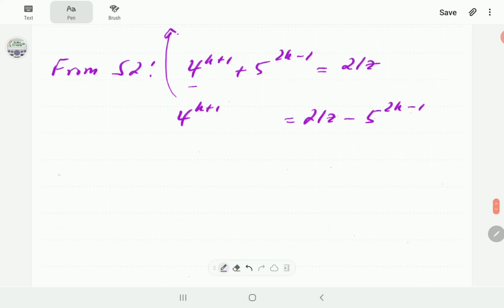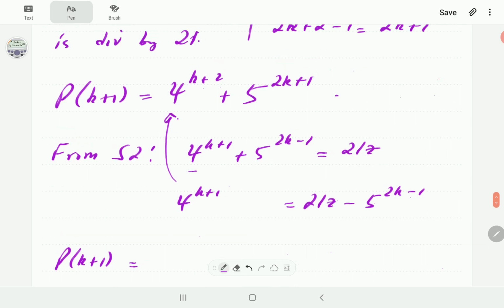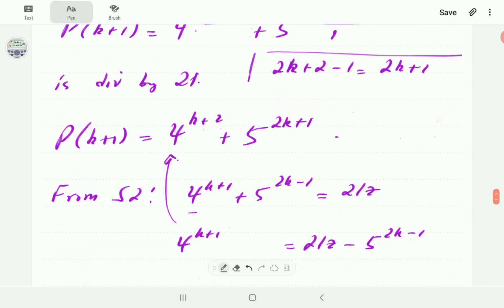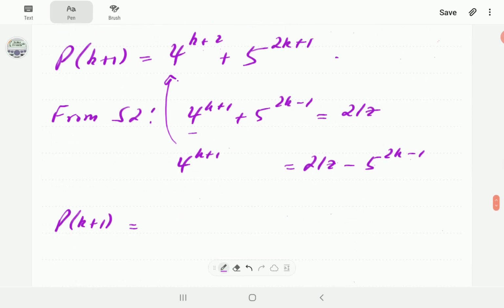So let's rewrite p of k plus 1, which is 4 to the power k plus 2. 4 to the power k plus 2 is the same as 4 to the power k plus 1 plus 1.